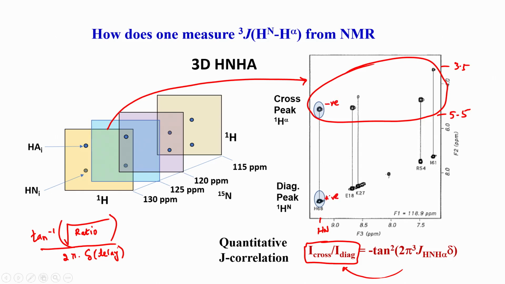So when you take this ratio, the ratio will be negative, because this is negative intensity and this is positive. When this is negative and there is a negative sign here, that will cancel, and therefore you will be able to directly take the square root, because the square root will be of a positive number only, since the negative sign here cancels with the negative sign here.